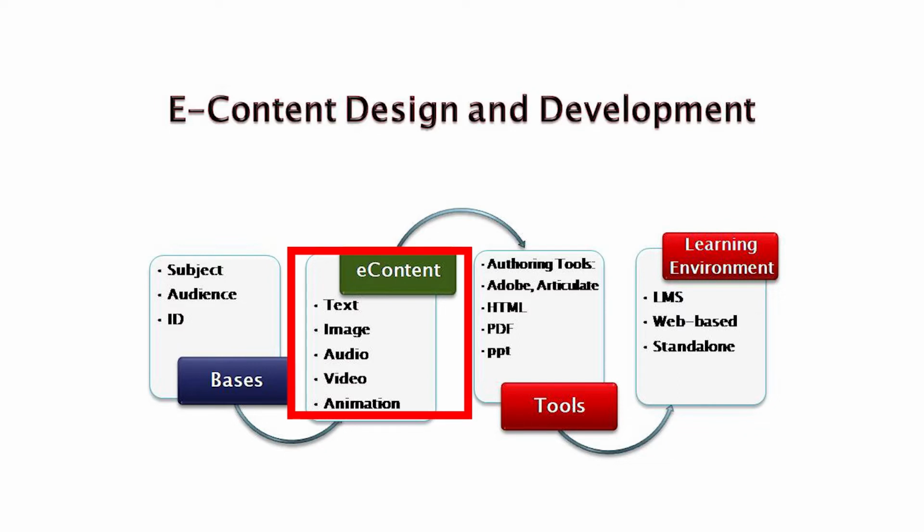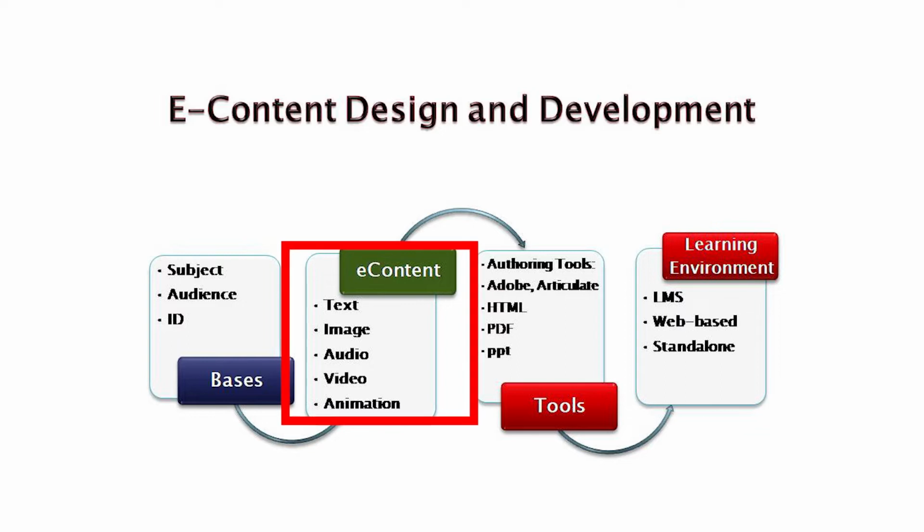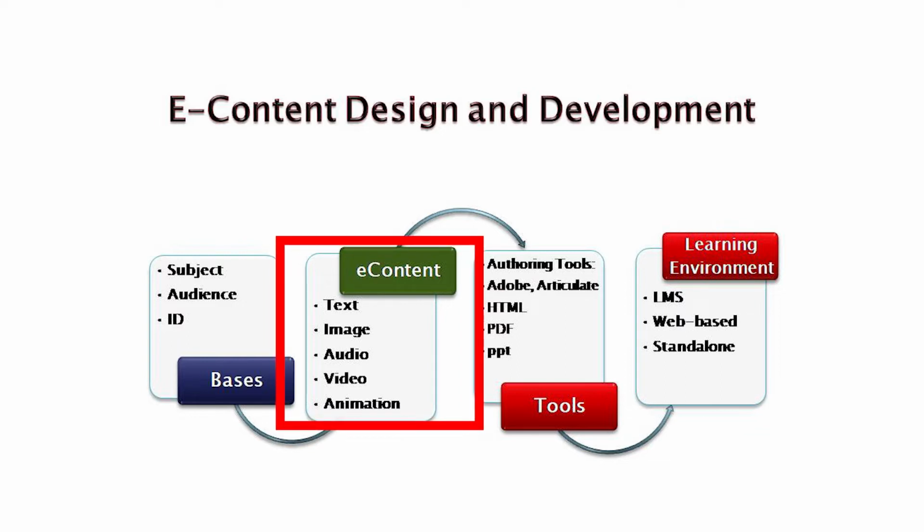Whether the topic requires an image, or an audio component, or a visual component, that is one designing aspect. What the topic requires, whether we go for text-based or image.